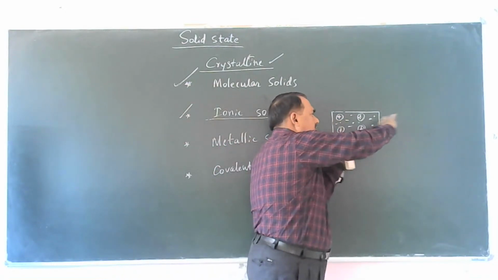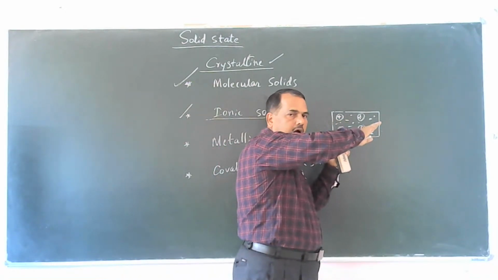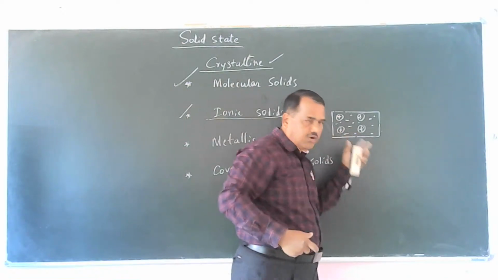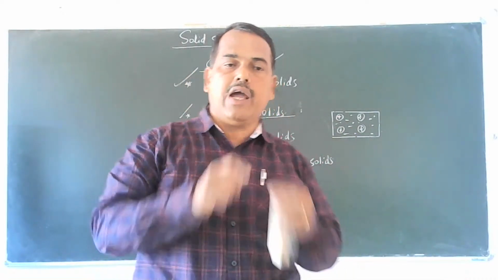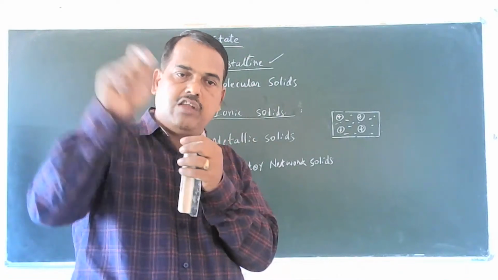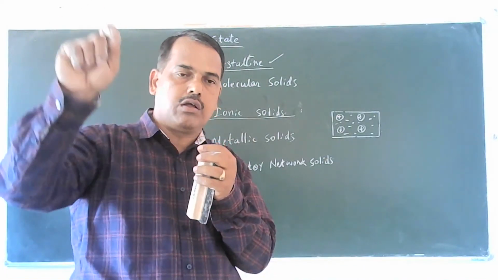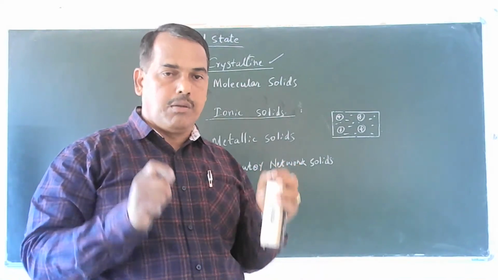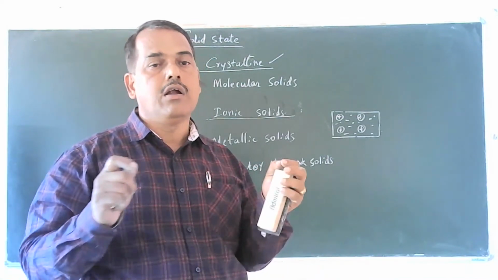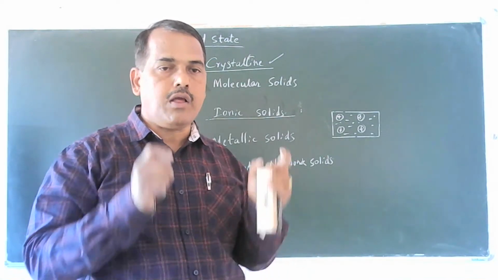As you hammer it, one layer slides over another, so therefore it can easily be drawn into a sheet. And as the mobile electrons are arranged in a well order, it can be drawn into a wire. So therefore, metals are malleable and ductile.